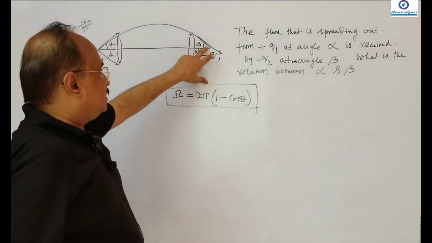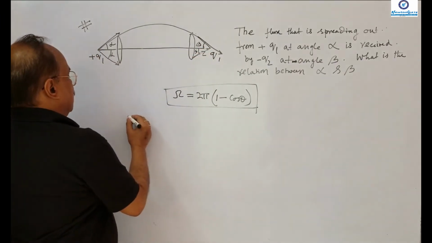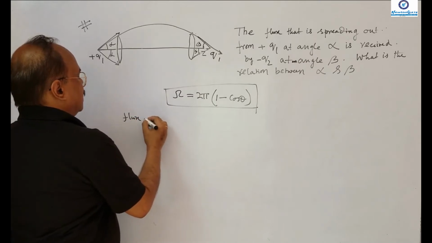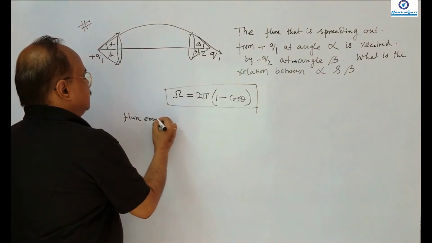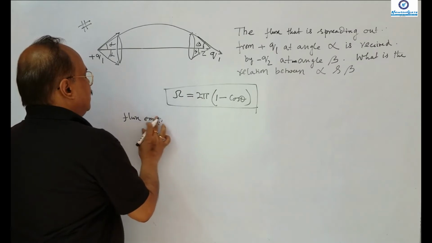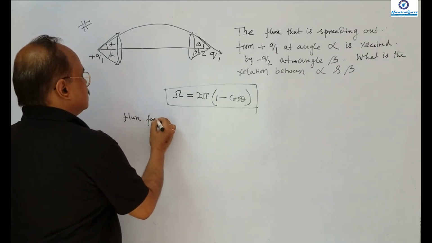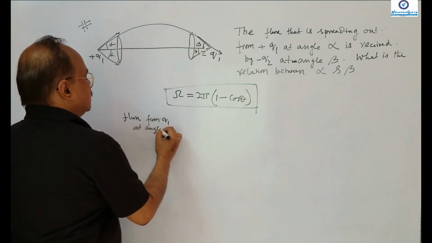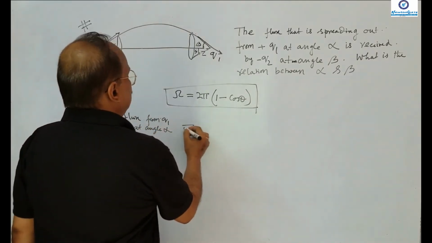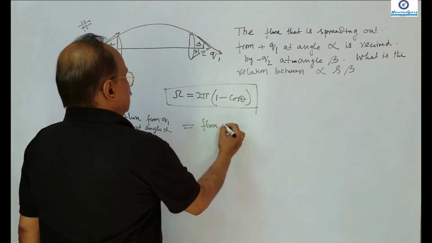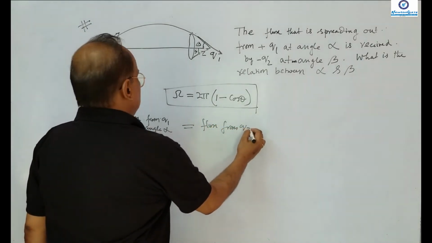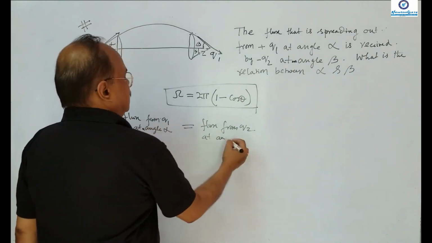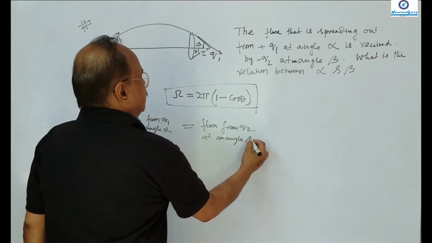That means the flux from q1 at angle alpha is equal to the flux from q2 at an angle beta.